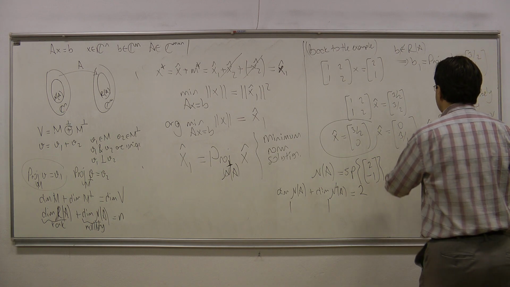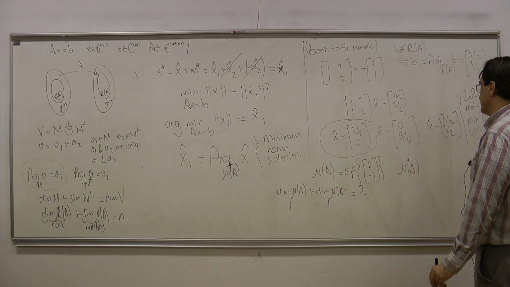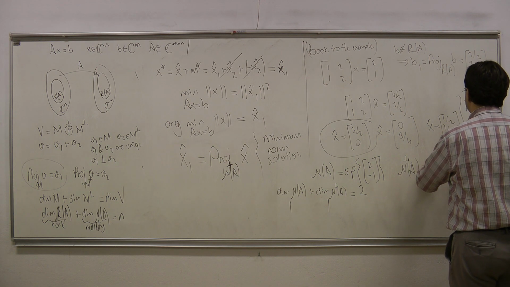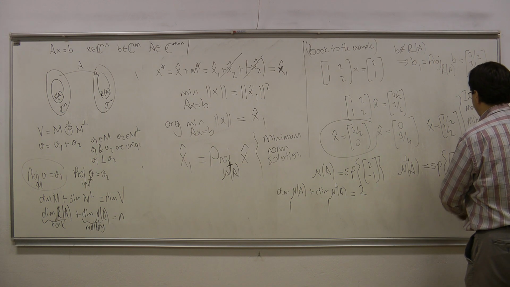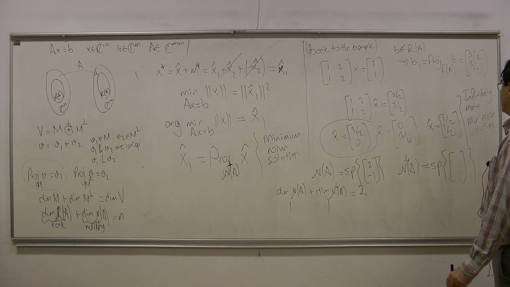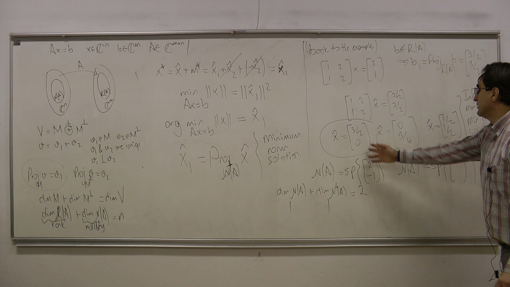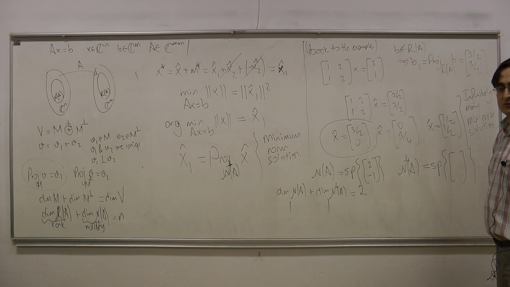So that means that the null space of A orthogonal complement is going to be a span of only a single non-zero vector in the same space. Tell me a non-zero vector which would be orthogonal to any vector in this null space, in this span.